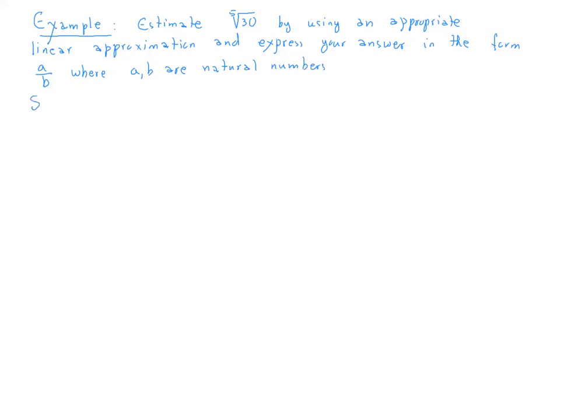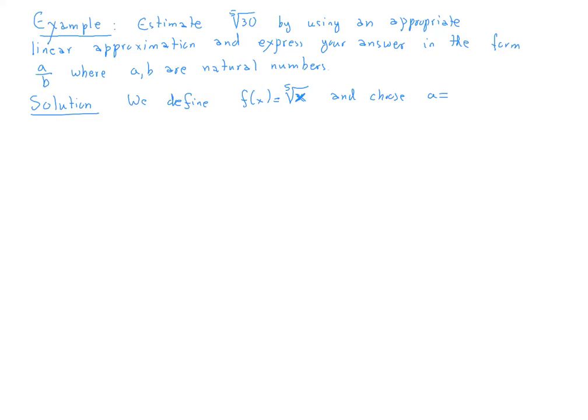Okay, so as a solution, we will do pretty much the same thing. So we define f of x to be the fifth root of x, and choose a equals, okay, so what do we want the center of approximation to be?